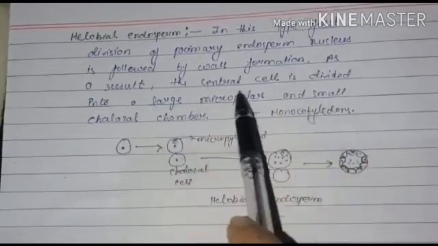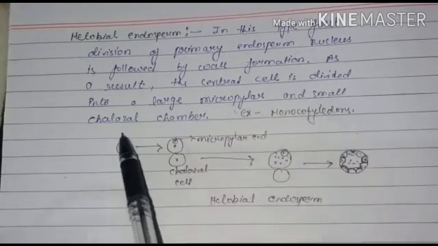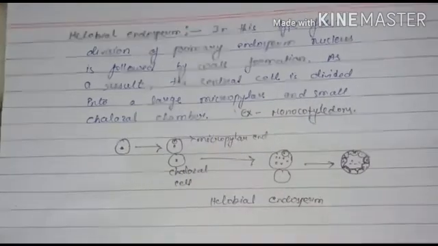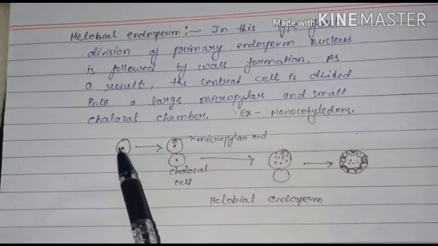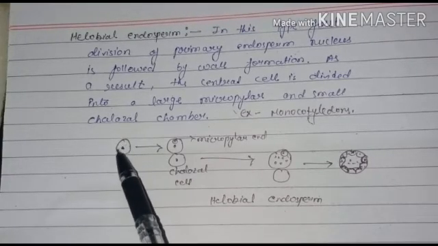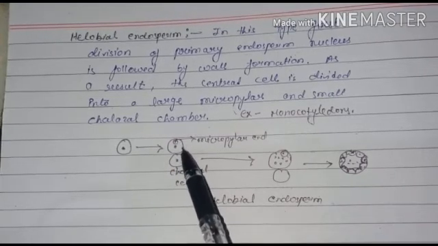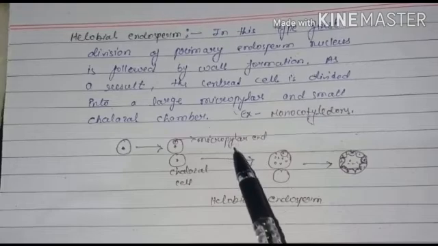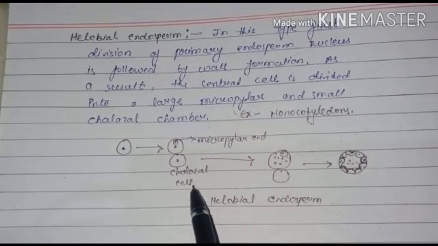As a result, the central cell is divided into a large micropylar and a small chalazal chamber. What happened? The one primary endosperm cell will be divided into two, and later it will be divided into two cells. The larger one is called the micropylar cell, and the smaller one is known as the chalazal end.